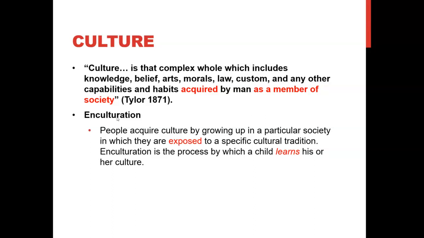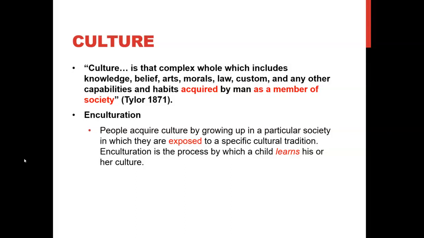Now, enculturation is the process that people go through to learn culture, right? People acquire culture by growing up in a particular society in which they're exposed to a specific cultural tradition. Enculturation is the process by which a child learns his or her culture, right? So, enculturation technically can be for adults as well, but if you read about this outside of this class, it's usually referring to children, right?